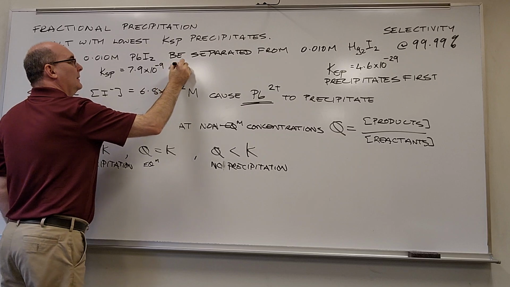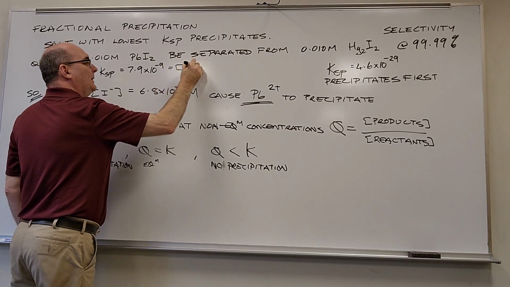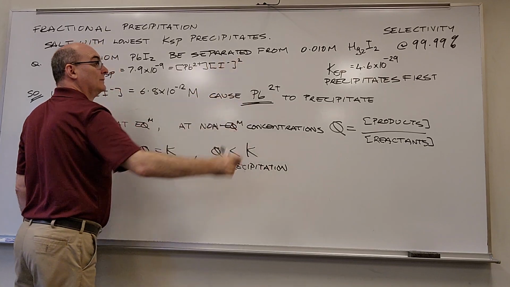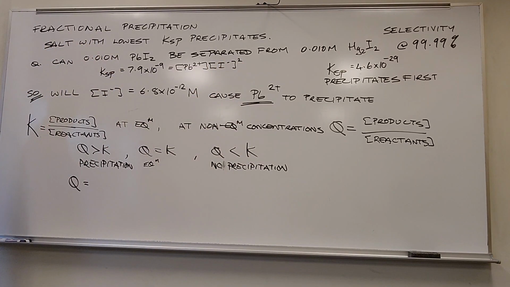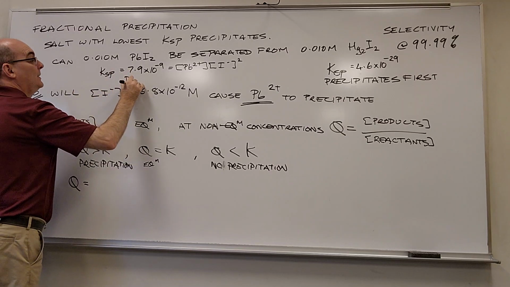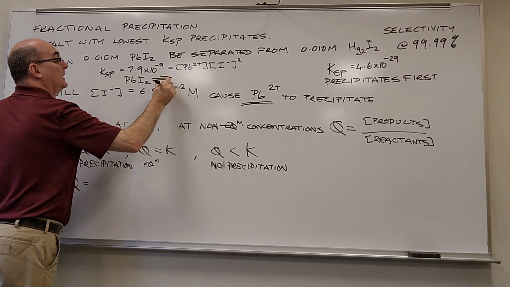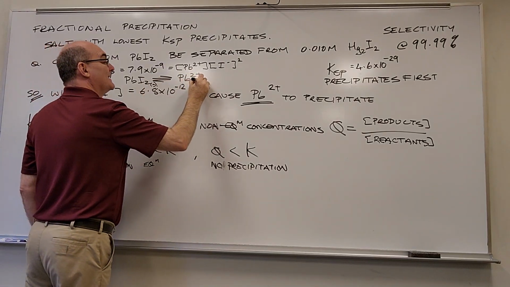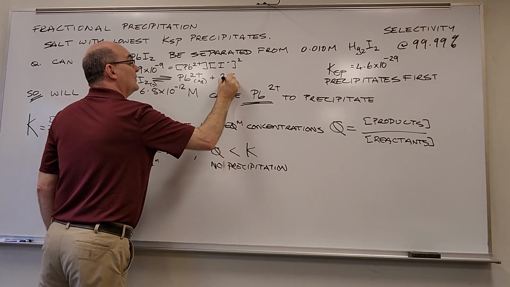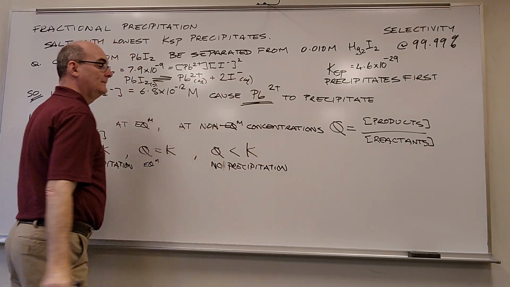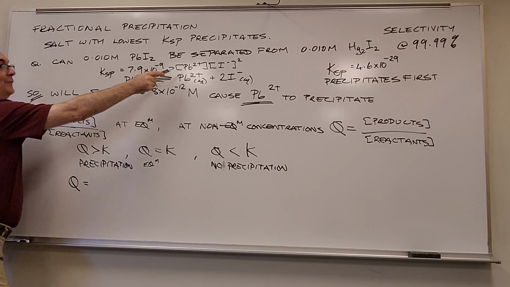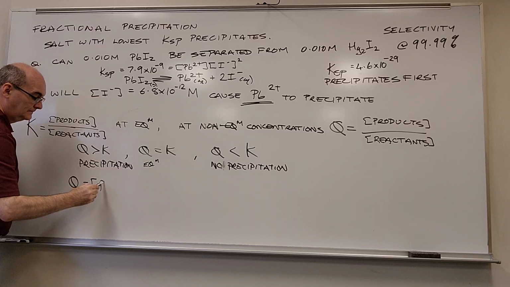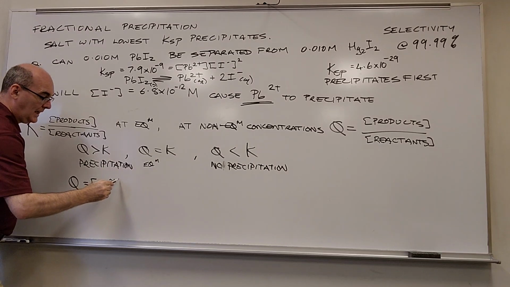KSP for lead would be Pb2+ times I minus squared, right? Because PbI2 is in equilibrium with Pb2+, that's a solid. This is the aqueous solution, and that is 2 iodides. Okay? So Q follows the same language that K does.